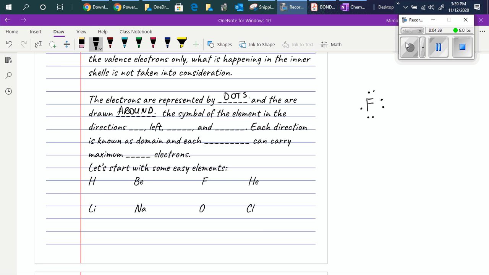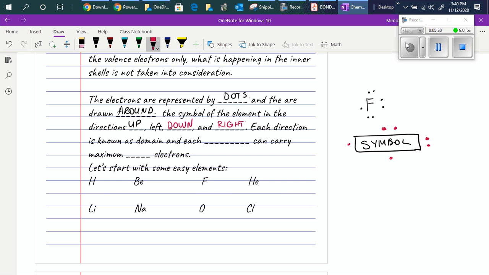And when we are drawing those dots, we may start anywhere, it doesn't really matter, but as the rule that we have been doing here in chemistry, we start from the top of the symbol, and then we start drawing the electrons from the top to the left, down, to the right, and then we keep moving until all the valence electrons are drawn.